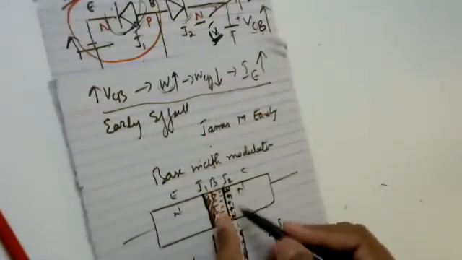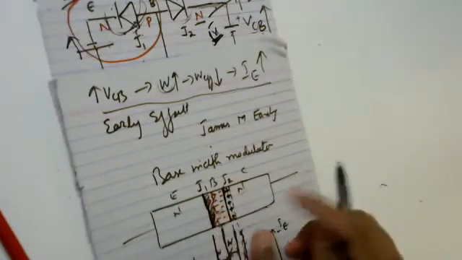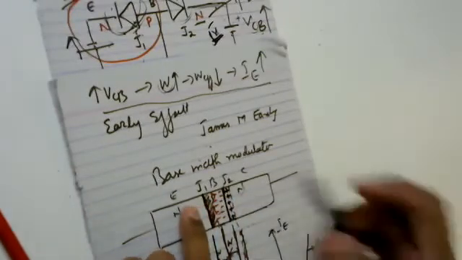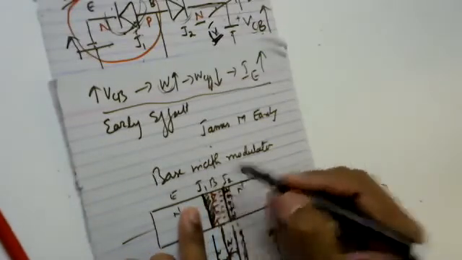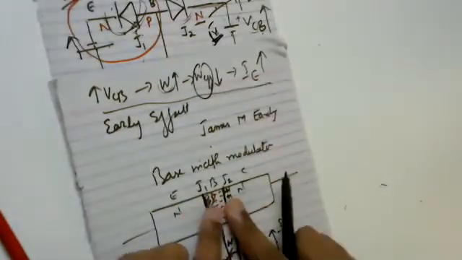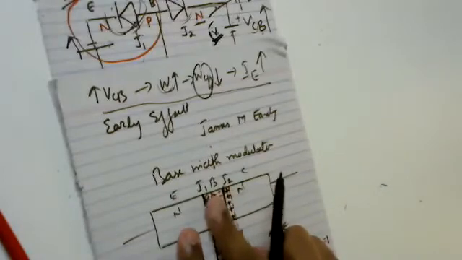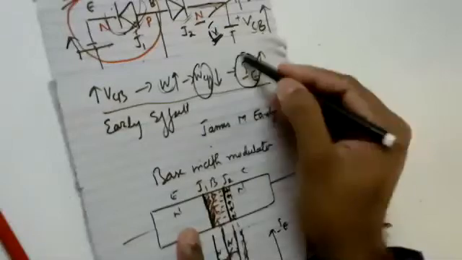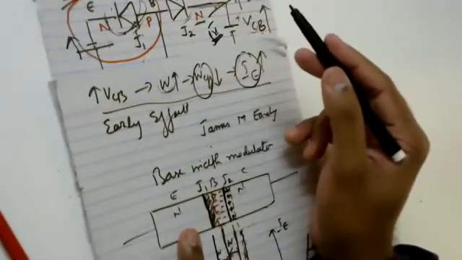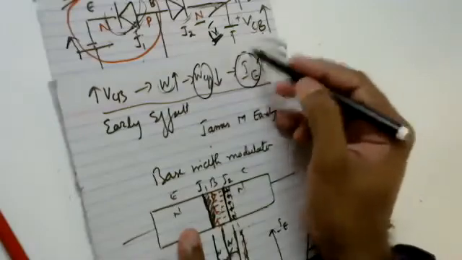Recombination of electrons and holes, whatever is there, so this junction is going to increase. Since this junction increases, the free region decreases, W effective decreases. So it means the value of IE should shoot very sharply.